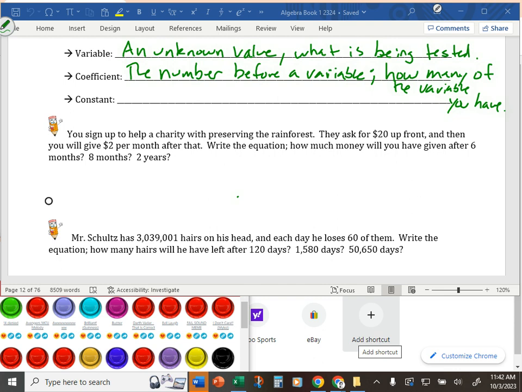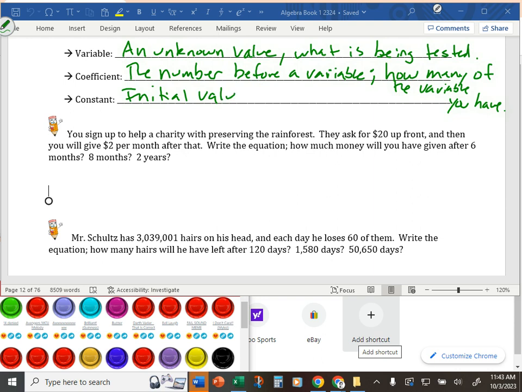Okay? And we'll get back to that in a little bit once we start to write these equations, and we can see exactly what that coefficient looks like. But it's the number before a variable and how many of the variable you have. Then the constant is that initial or starting value. It's what you start with. I'm going to use the word initial, because that'll come up again later on.